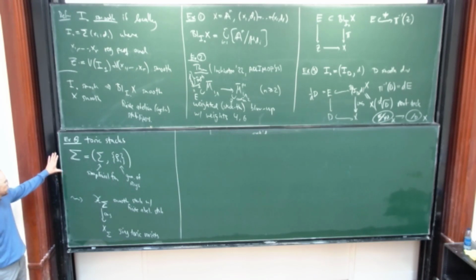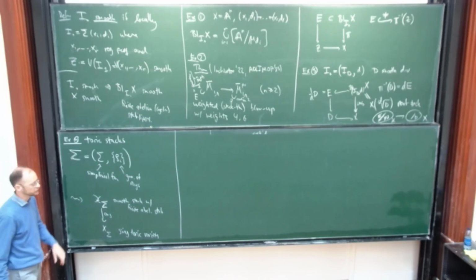Doing torus invariant weighted stacky blowups is nothing but making subdivisions of your toric fan.